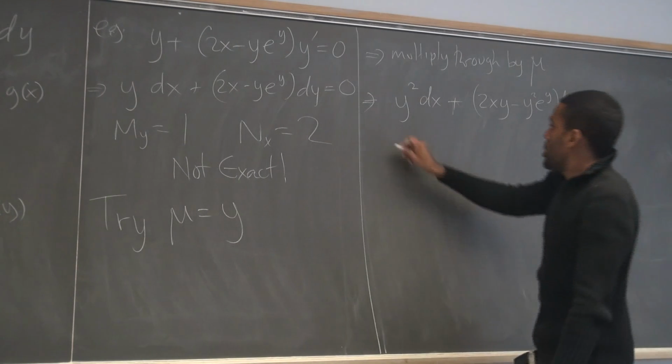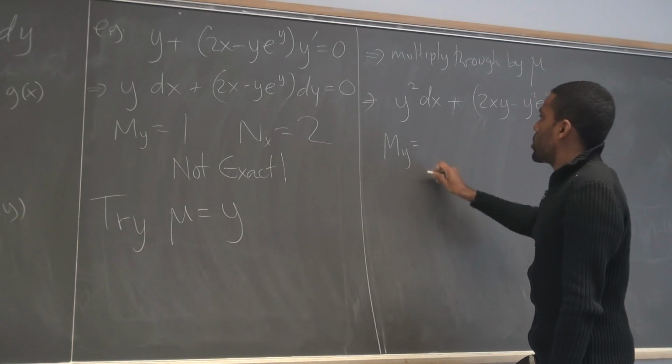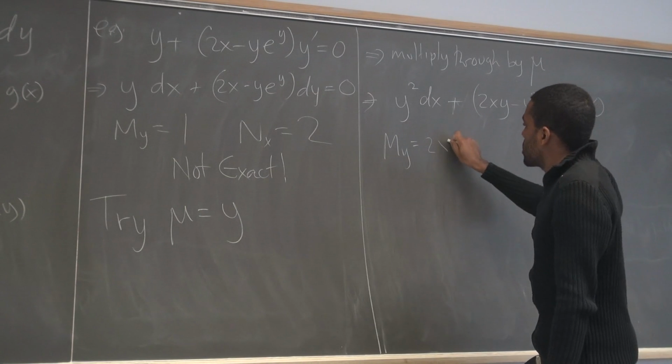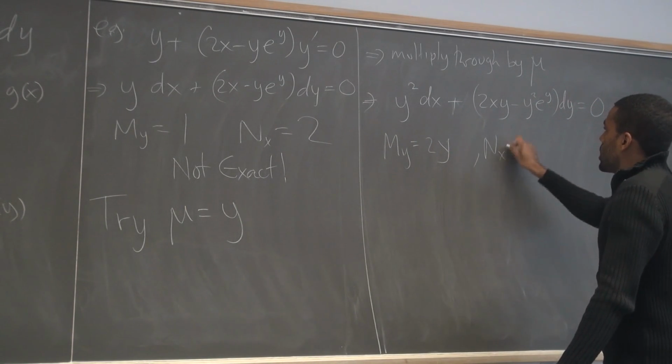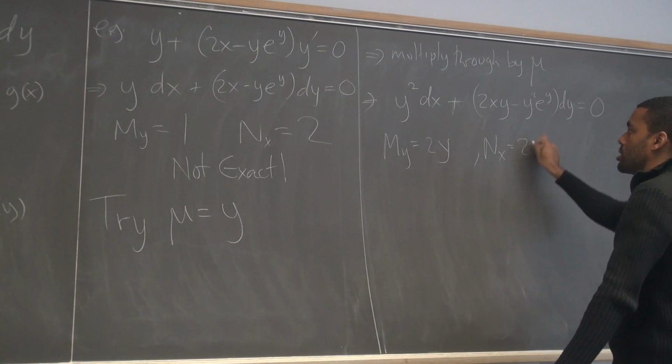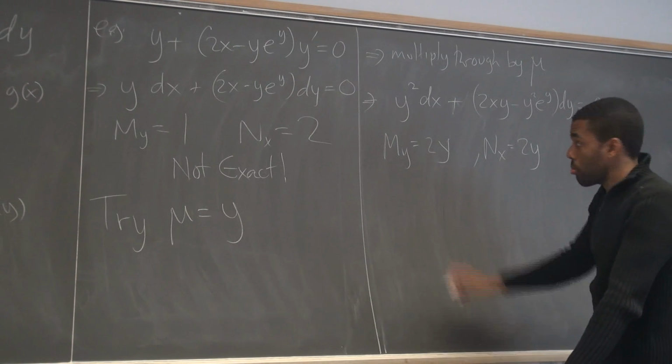So now, if I check M y, what do I get? 2y. If I check N x, what do I get? 2y. Suddenly it's exact.